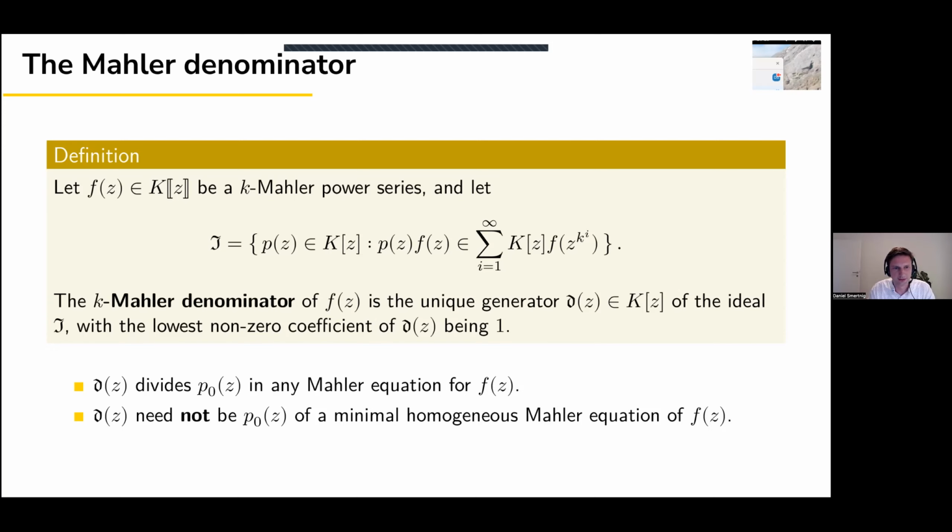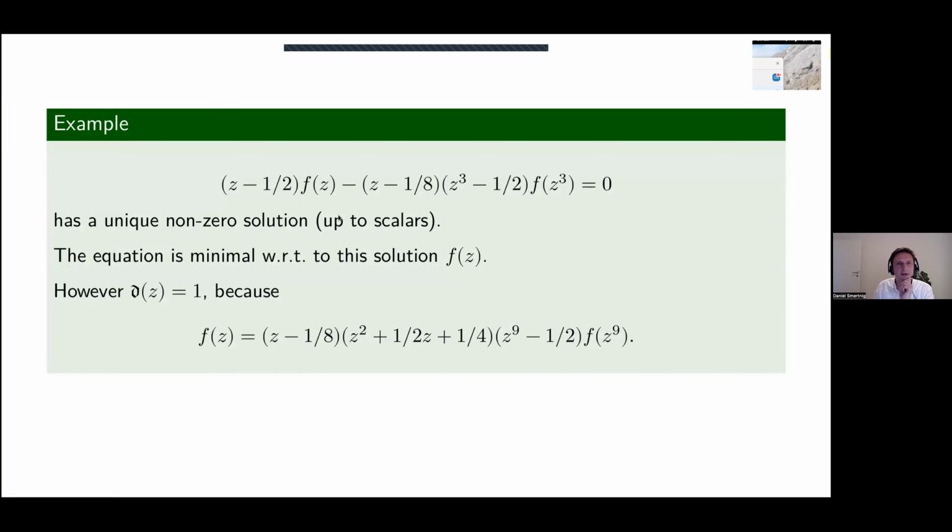But there's one a little bit hairy part. A natural thing to do is to take an equation for f of minimal degree. But then the corresponding P0 might not end up being the actual Mahler denominator. So we have an example here. If you look at this Mahler equation of degree 3, one can show that this has just one non-zero solution up to scalars.